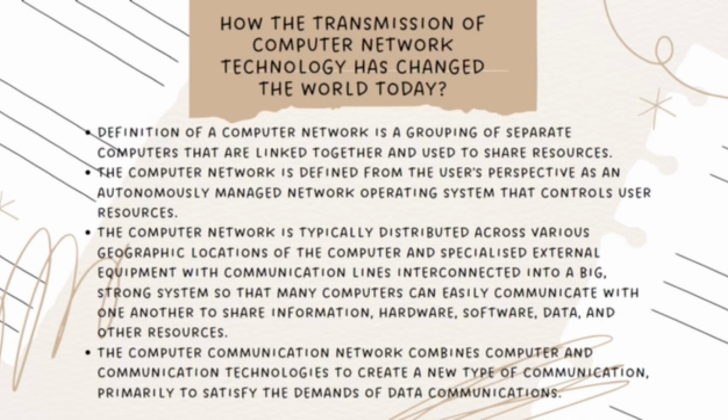However, the computer network is typically distributed across various geographic locations on the computer and specialized internal equipment with communication lines interconnected into a big, strong system so that many computers can easily communicate with one another to share information, hardware, software, data, and other resources. A computer network is essentially a collection of several independent computers that are linked together through a communication link.